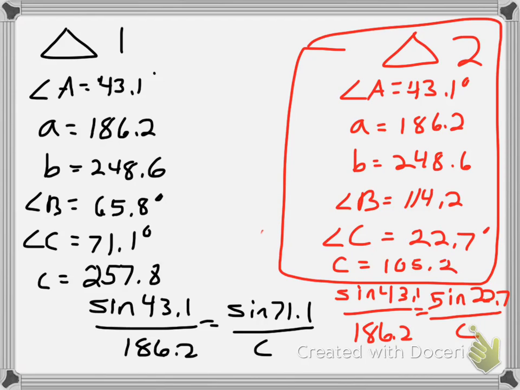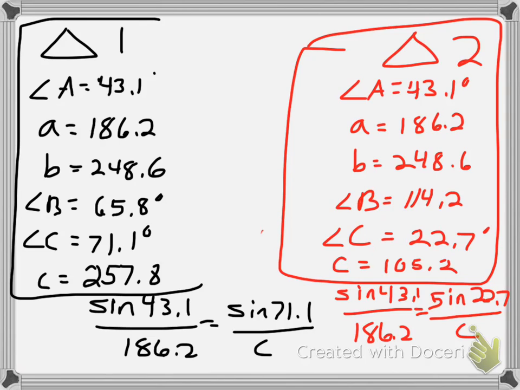And now I have my two distinct triangles. Again, this is referred to as the ambiguous case. It works because of the side-side-angle initial setup. We need to test our angles, and then we determine if we have one, two, or sometimes no triangles.